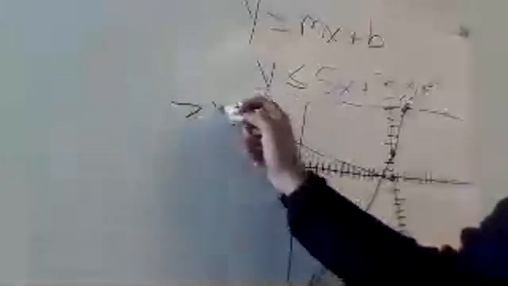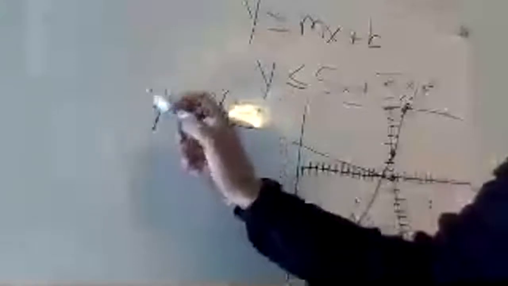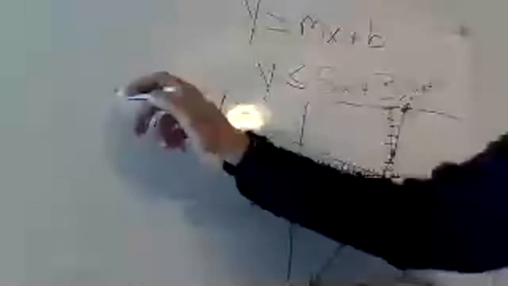So there's a couple of ways for me to know what to shade. There's a good rule. If you decide to memorize things because you just want to pass, I'm going to give you an easy way to memorize it. Anytime that the y is greater than, in both of these, we shade above the line.